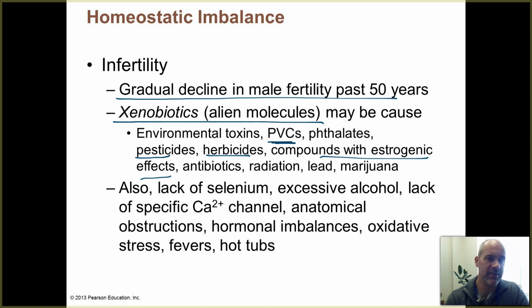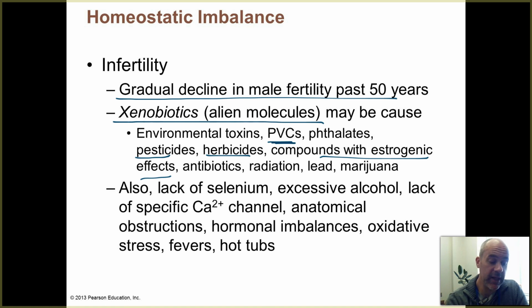Some of these types of chemical compounds are thought to leak out of plastics that get microwaved. There's been some information in the news the past few years about, if you're a male and you don't want to be infertile, you might want to not use plastic microwave cookware because some of these xenobiotics may be leaching out of the plastic microwave cookware and playing a role in infertility.